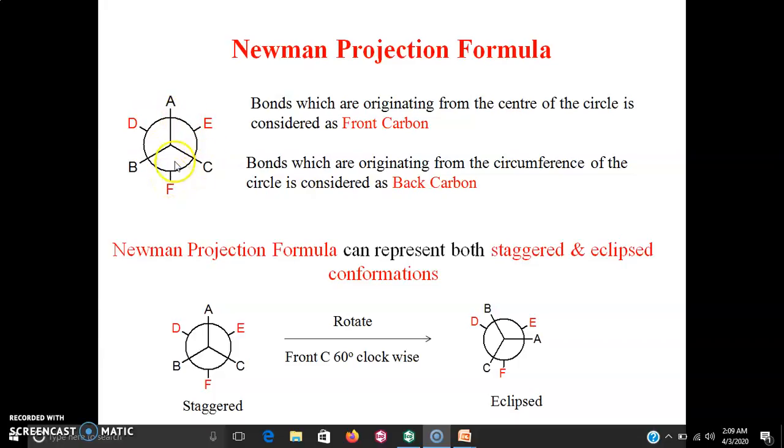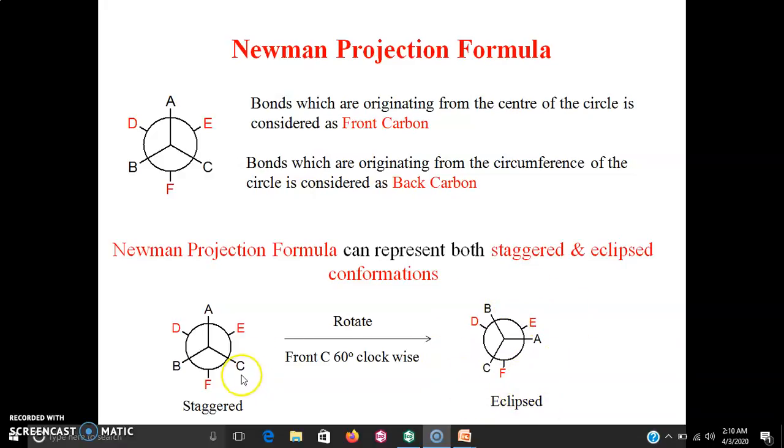That indicates that here groups A and B originate from the front carbon and groups D, E and F originate from the back carbon. Please note that using Newman projection formula we can represent both staggered and eclipsed conformations. This is the staggered Newman projection formula and this is the eclipsed Newman projection formula.